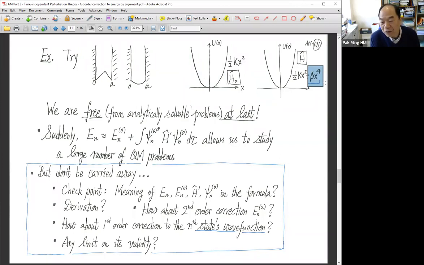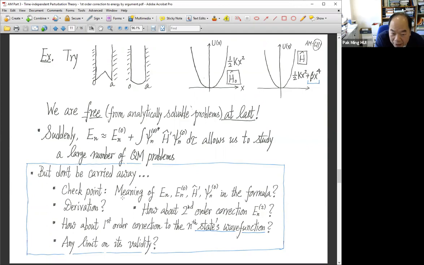Not only asking for ground state, higher state, tell me something. At least now in one line, you can tell people that the energy is shifted by that to first order. That's pretty nice, okay? But of course, I also like to warn you, don't be carried away.